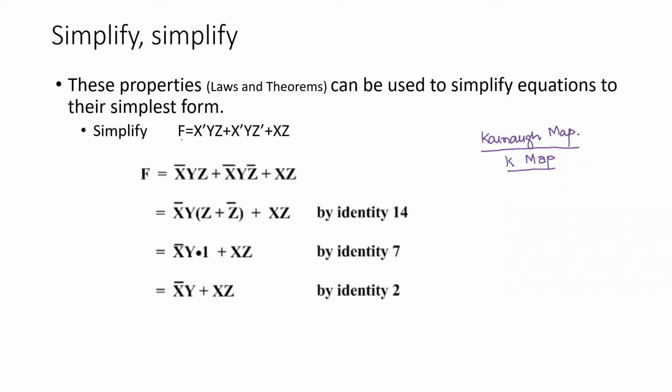So one more example is there. Suppose you are having this function x bar y this and this, and you want it to be implemented using minimum number of gates. Then how do you go for that? You will use different identities discussed in the previous class, and you end up with this number of gates. So clearly you will find out that if you implement this, you require more number of gates, and if you implement this, you will require fewer gates.